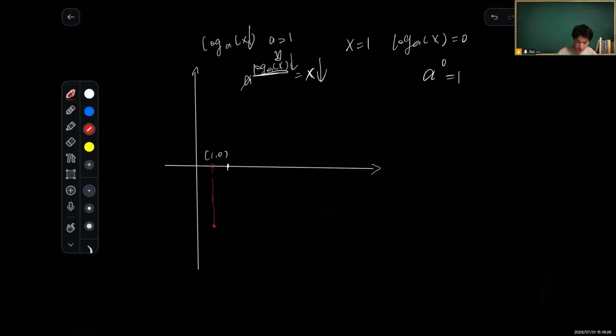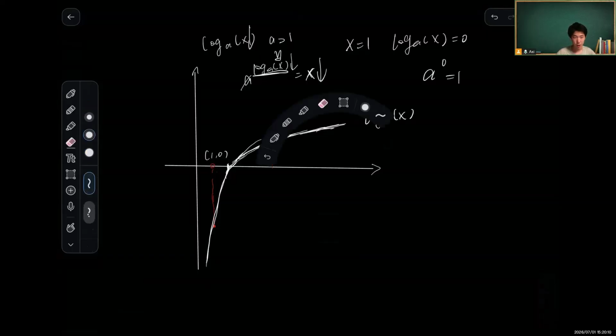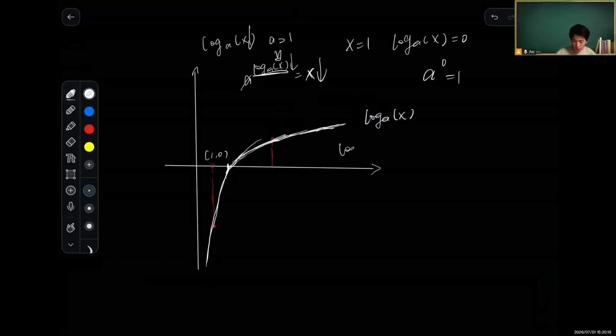For a point greater than 1, it is going to be located somewhere over there. If we connect this, we obtain the graph, which looks somewhat like this. You might notice it resembles the exponential function. However, this is growing quite slowly, whereas the exponential function is exploding. So we call this logarithmic growth.